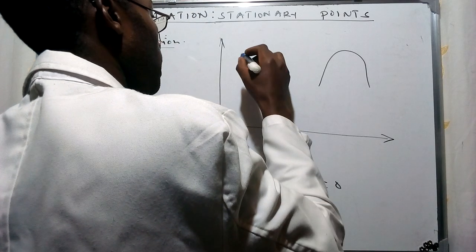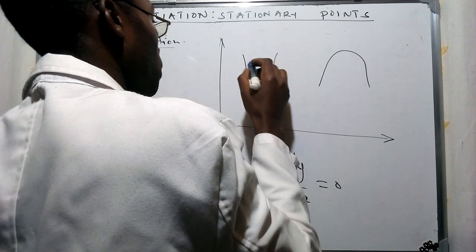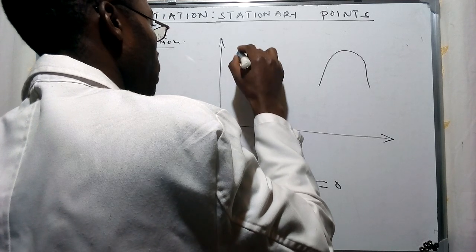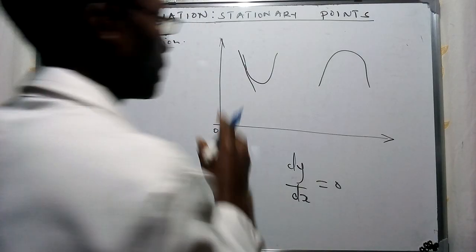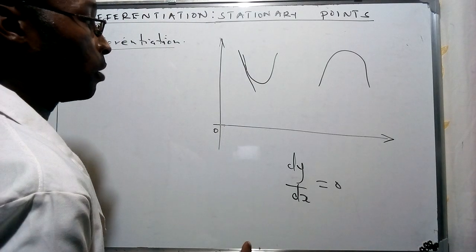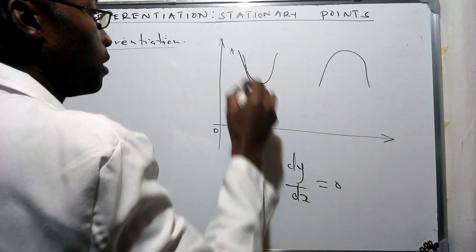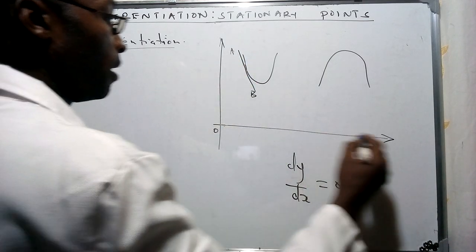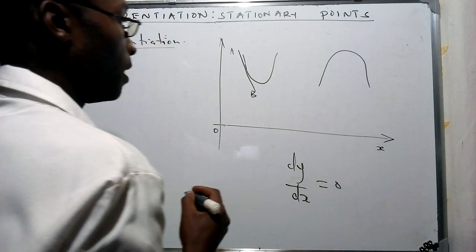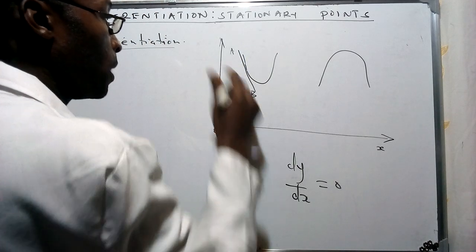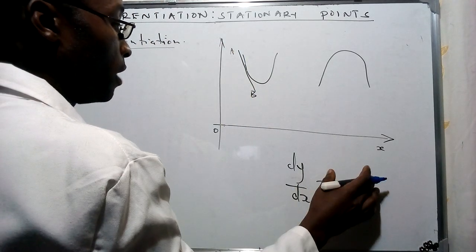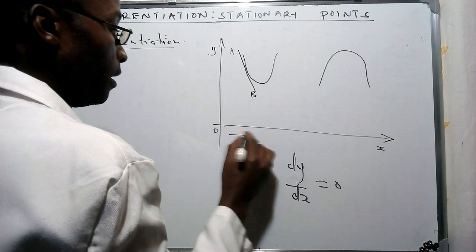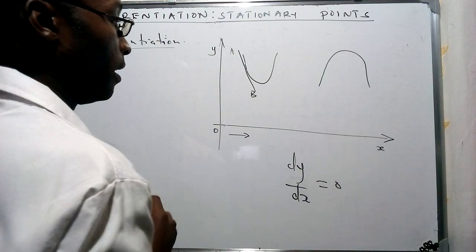If you consider a section of this graph, given using this tangential component coming from the left towards the right, going downwards, let's say this is a point A to B. To describe the change of the graph between A and B, we consider the change in y over change in x from the left side to the right along the x-axis.